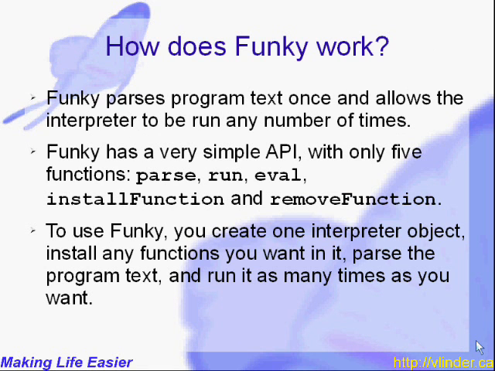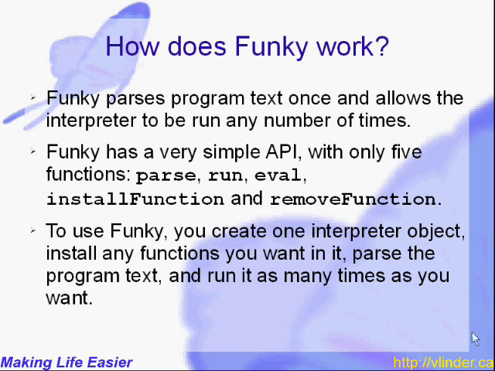So how does Funky work? Each dialect in Funky is presented as a single class, which has 5 functions: parse, run, eval, install function, and remove function. That class is used to parse the program text once. Internally, it will create an abstract syntax tree when it parses the program text, and you can then have it evaluate that parsed version of the script any number of times.